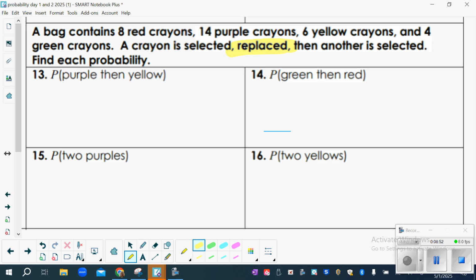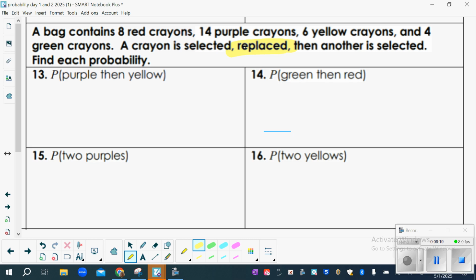Here's what I'm doing. I have a basket of crayons. I am reaching in, grabbing one out, coloring my little thing, and then putting the crayon back in. So when I go to draw again, nothing has changed, right? If I took that crayon and set it aside, it would change things, but I'm replacing it.